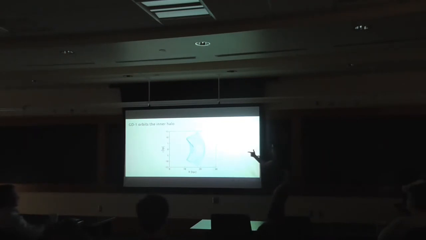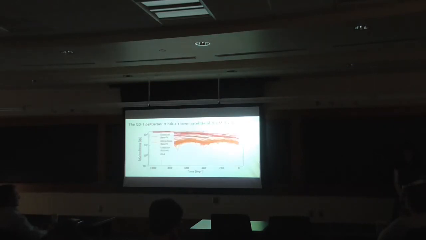Since we have that, and people have now measured with Gaia the orbits of the known objects in the halo, the satellite galaxies, and globular clusters, we can actually check how far they were as we go back in time.